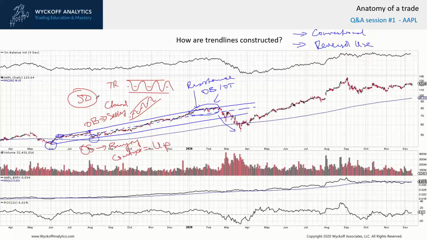Why are we using this as a belief about how the price is going to move?